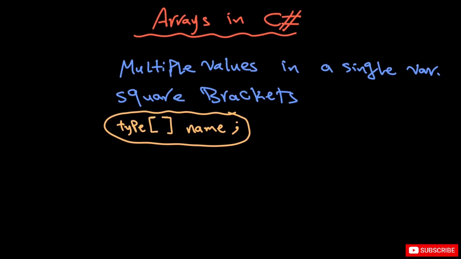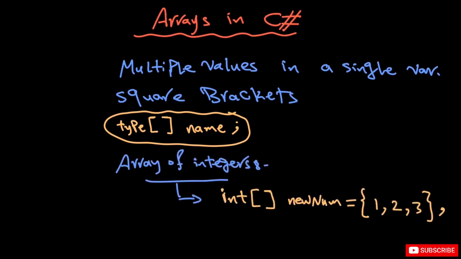And this type can be int for integer numbers if you want to create an array of integers. It can also be string if you want to create an array of strings, a collection of values, and many more. For instance, if you want to create an array of integers, you can do that exactly as you can see.